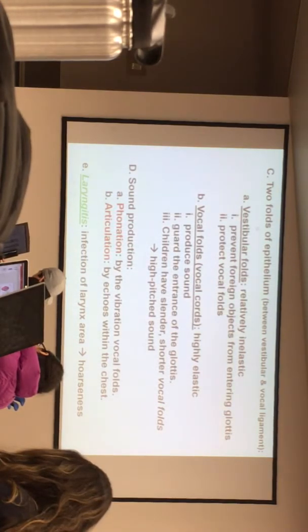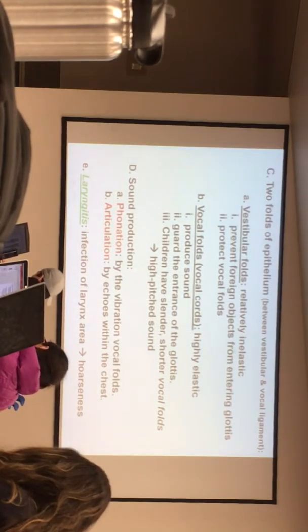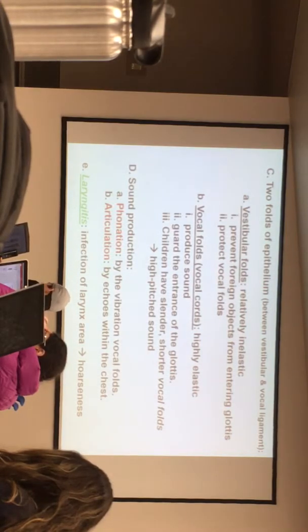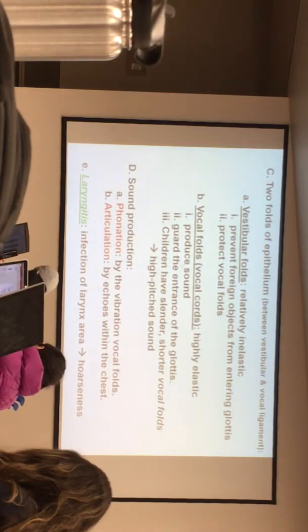I mean, the ligament covered with skin there. On the top is vestibular fold, and it's not much elastic activity, so relatively inelastic. It kind of protects foreign objects from going into the glottis. And vocal fold will be highly elastic, and when they vibrate, they create sound.